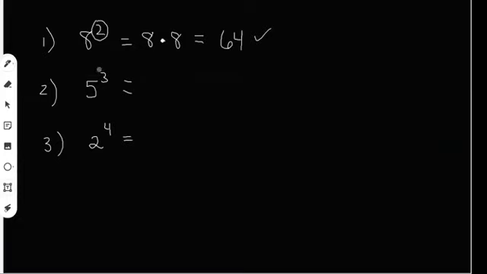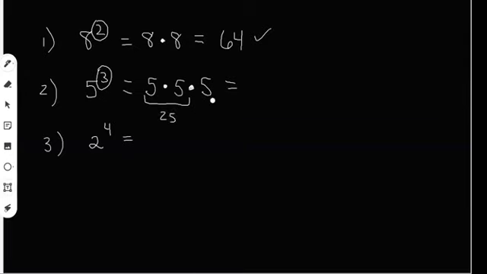Let's move on to the next one. Notice that the exponent is 3. So that means we have three 5s, 5, 5, 5, all separated by multiplication symbols. If I do 5 times 5, I know that's going to give me 25.